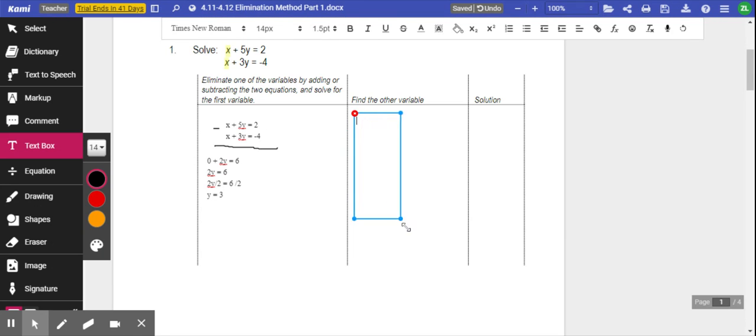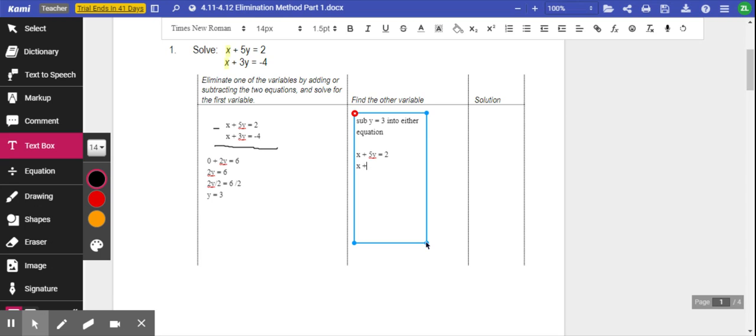And we can sub y equals 3 into either equation. So for this one, let's pick the top one. So x plus 5y equals 2.